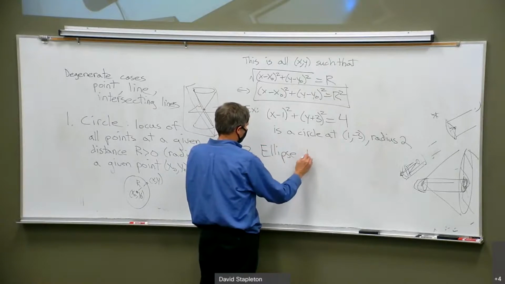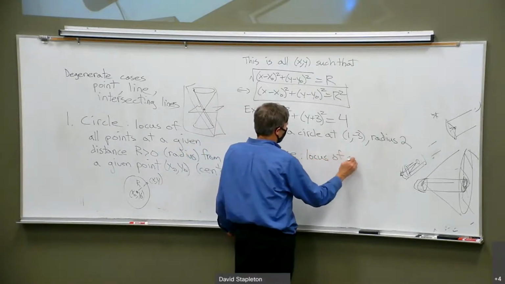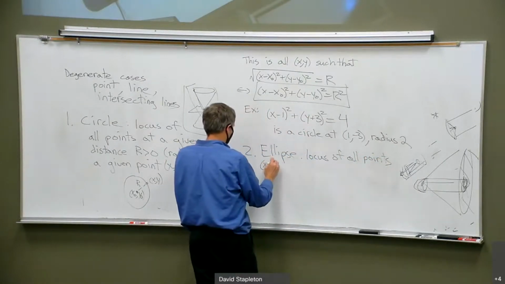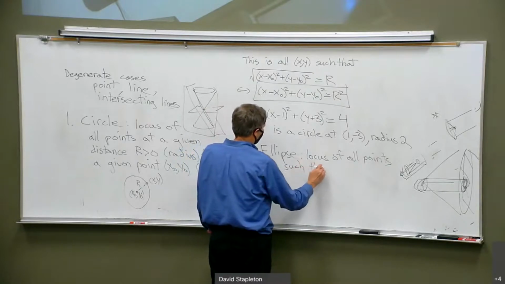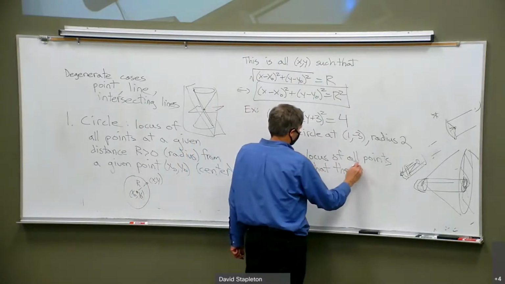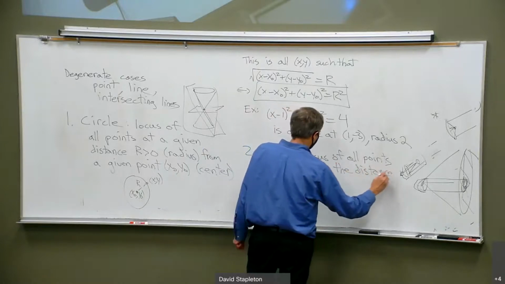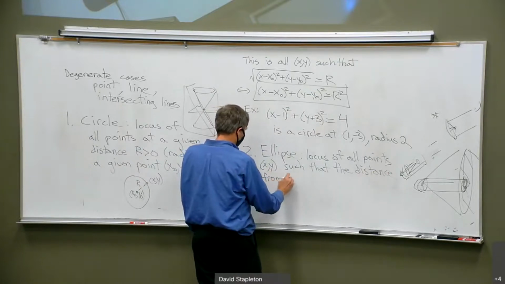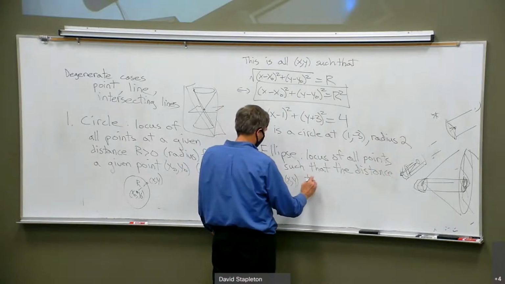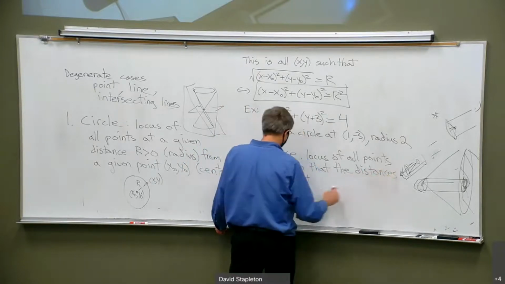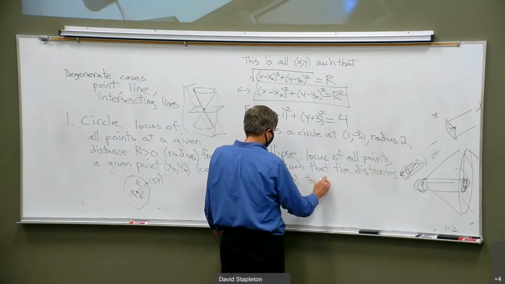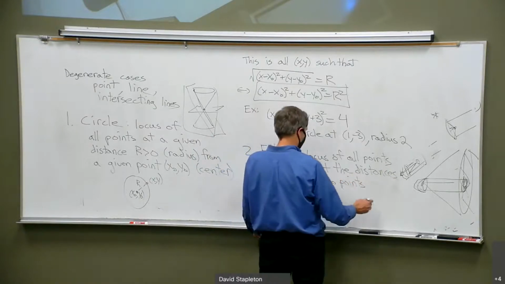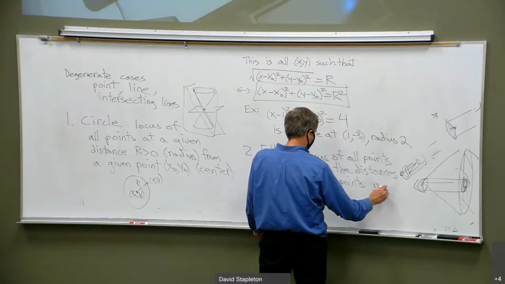An ellipse is the locus of all points x, y such that the distance from x, y to 2 given points this time, the distances from x, y to 2 distinct points, summed, is a given number.